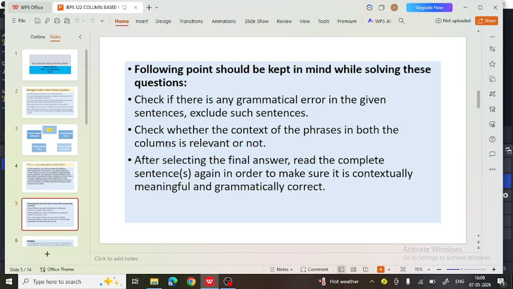It must be relevant. If the message or information given in the two columns is relevant, then only will you have the logical sequence. Next, after selecting the final answer, read the complete sentence or sentences again to make sure it is contextually meaningful and grammatically correct.